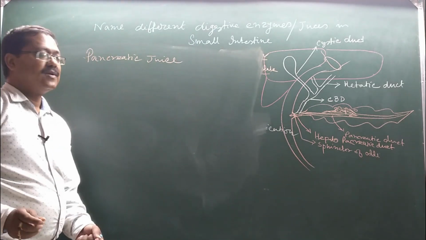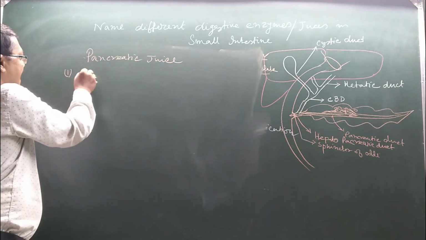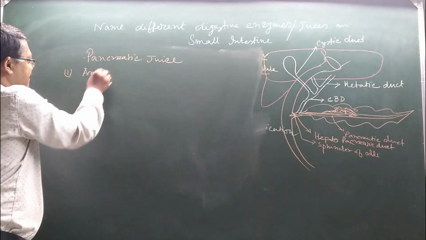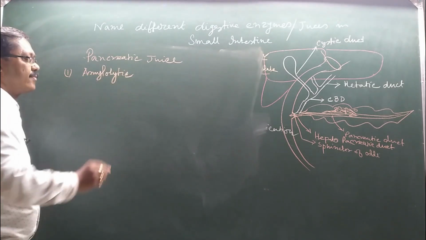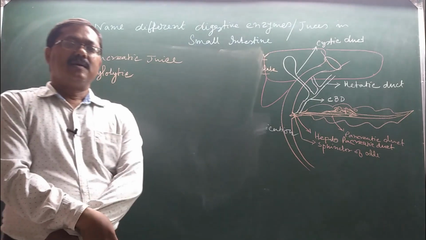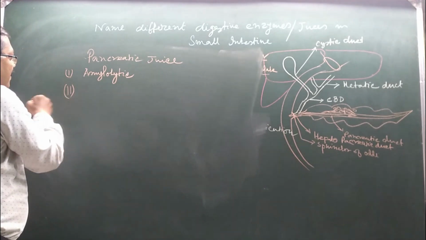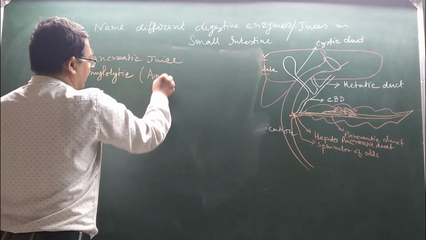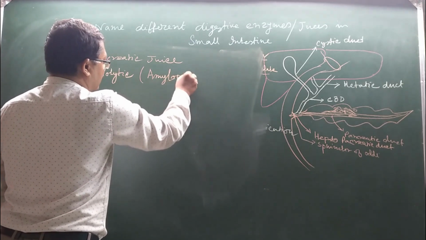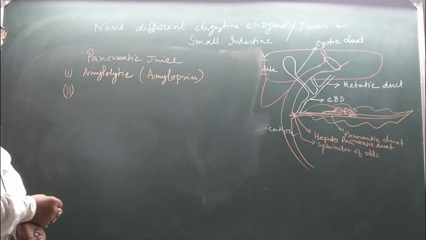Pancreatic juice contains mostly enzymes. First are the amylolytic enzymes, called amylopsin. Amylopsin is a pancreatic carbohydrate digesting enzyme.